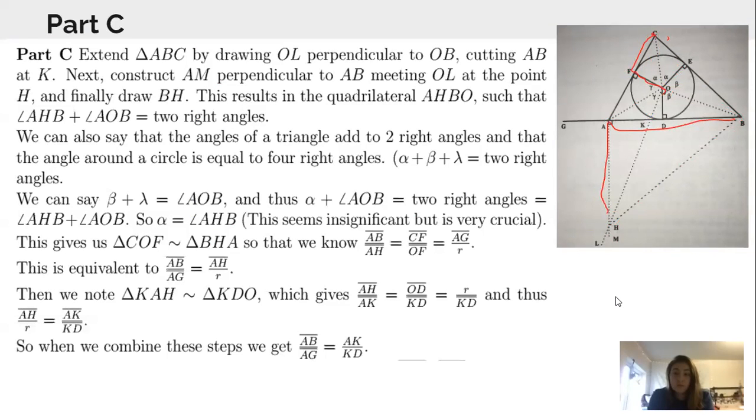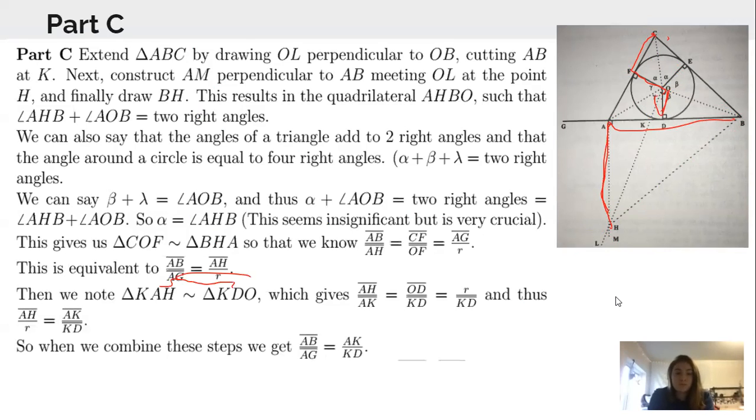So we see that these are proportional, the same as AG and R being proportional. This is the important part right here: AB and AG are proportional to AH and R being proportional. R being right here, okay? So these are equivalent.